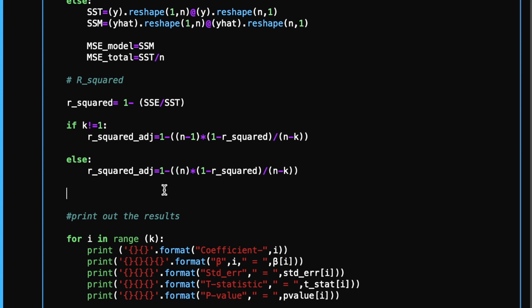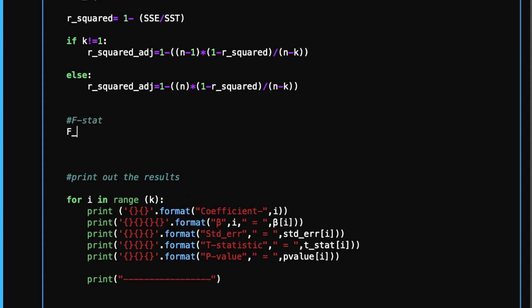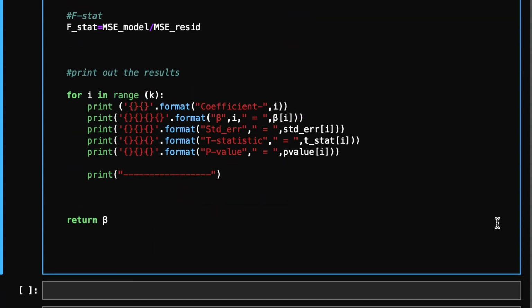Alright, now let's calculate the F statistic. It's pretty simple. F stat is equal to the MSE of the model divided by the MSE of the residuals. And now let's print out the rest of the information that we have.